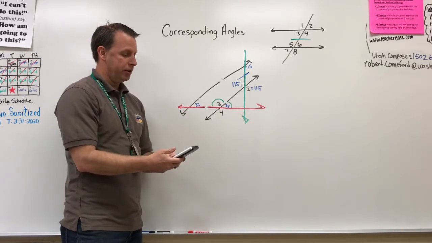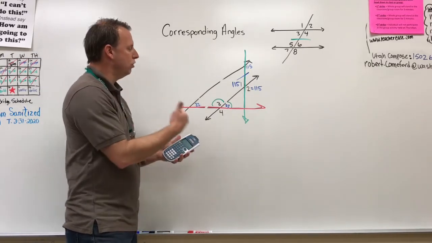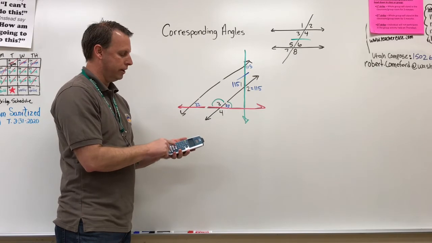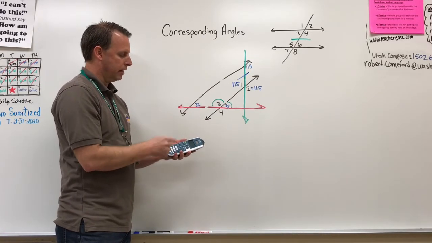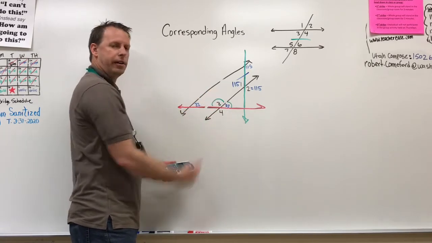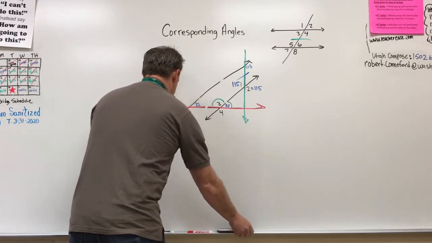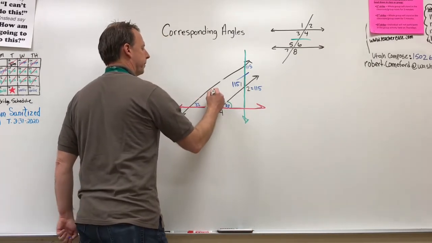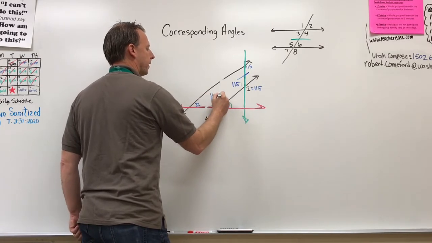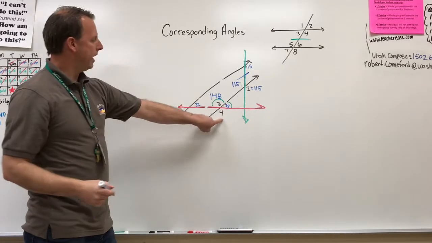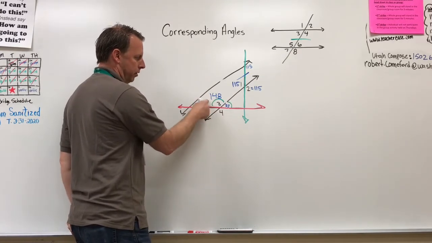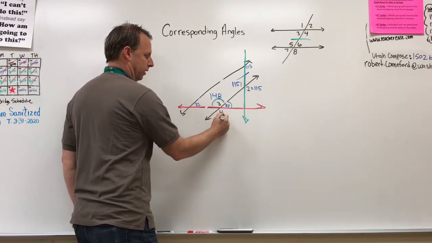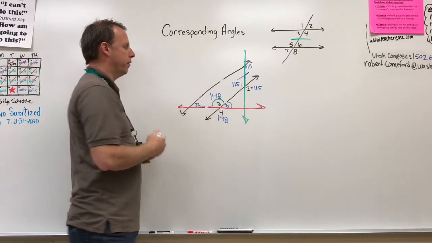You can probably do that in your head, but if you need to, the way you do that on your calculator is you take your 180 degrees and you subtract from that the 32, and then the leftovers would be this angle 3 here. Turns out that is 148. I can easily find angle 4 now, because vertical angles are equal. That one is also 148.